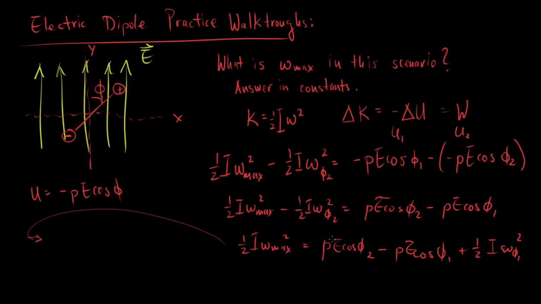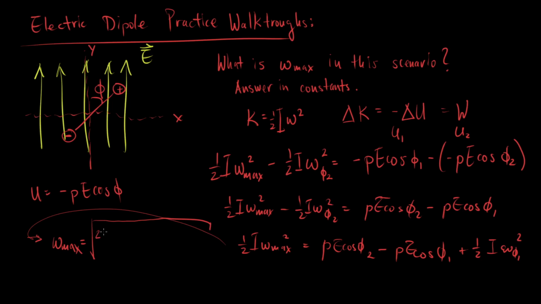So let's continue our algebra here. Move the 1/2 to the other side, so multiply the whole thing by 2, and then divide by I, right? And then square root. So that becomes V max. So the angular velocity max is the square root of this really big thing.